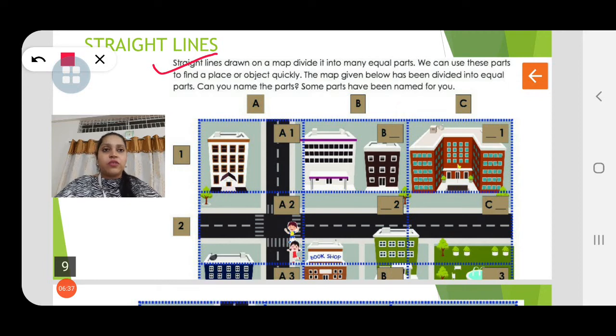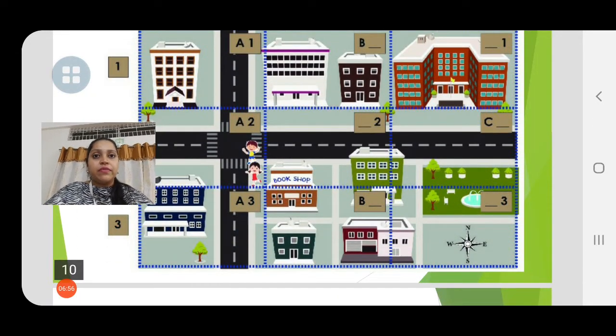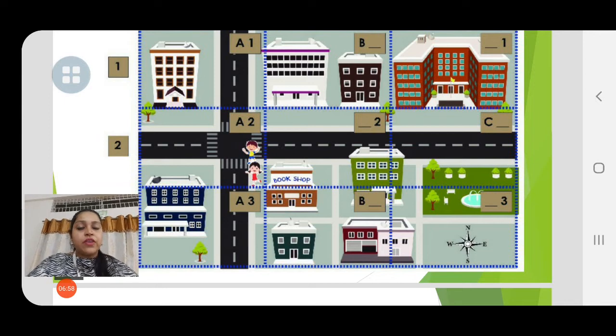Straight lines are drawn in such a way that they divide the map into equal parts. Now these straight lines are drawn so that we can easily find a place or an object. Now you can see children, in your textbook this map is given very clearly, a map of a neighborhood area, and here the straight lines are drawn.